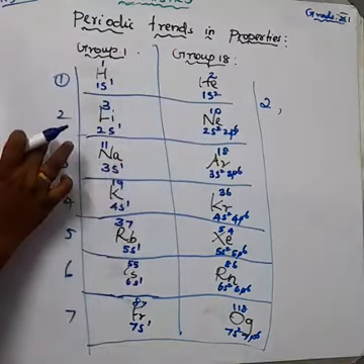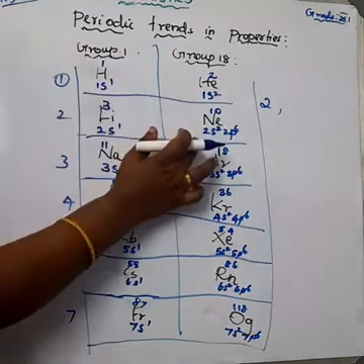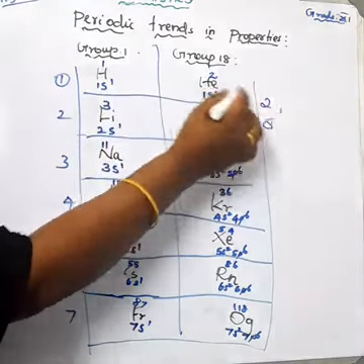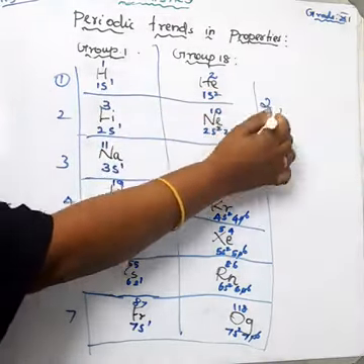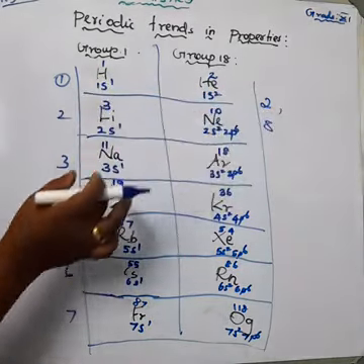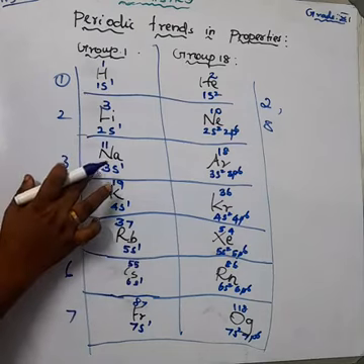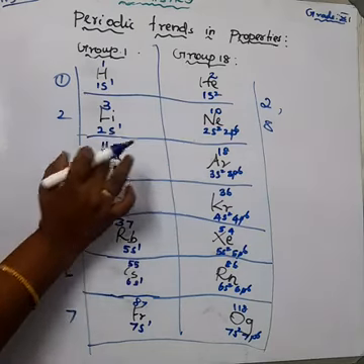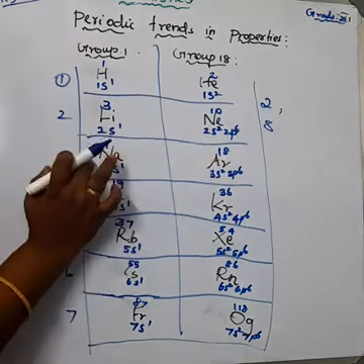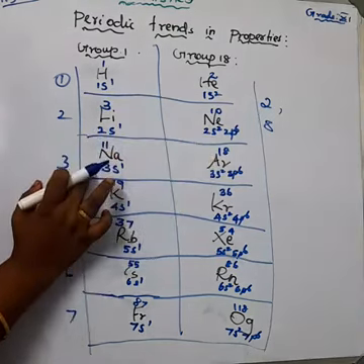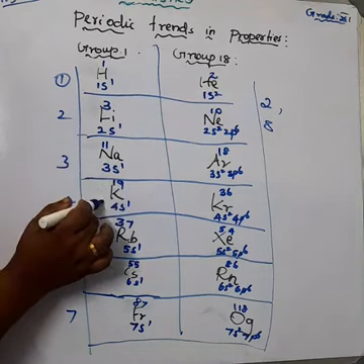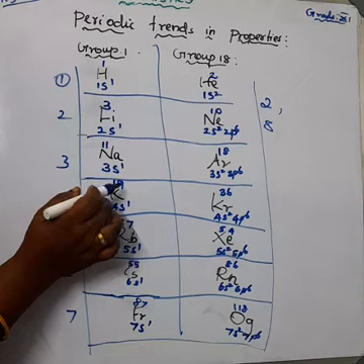From lithium to neon, the atomic number increases by 8, lithium atomic number 3, neon 10. After increasing by 8, sodium will form, sodium atomic number 11. Like that, potassium has atomic number 19, and sodium here is 11.